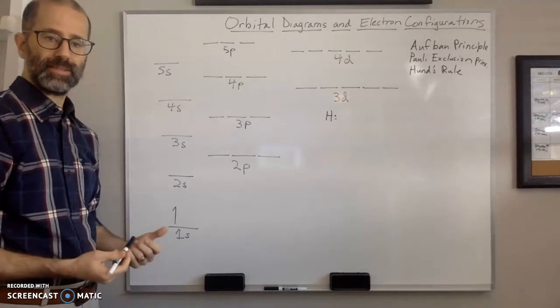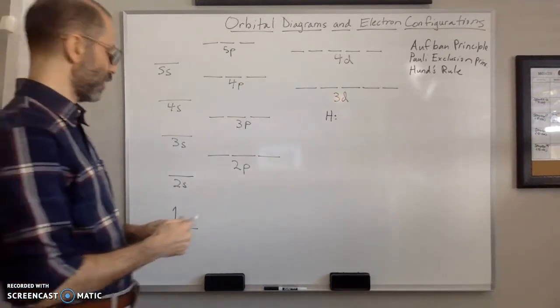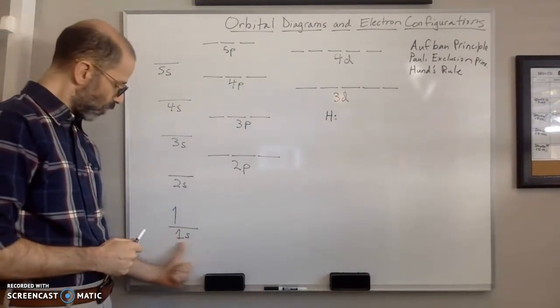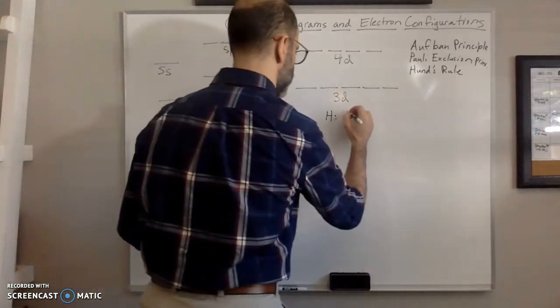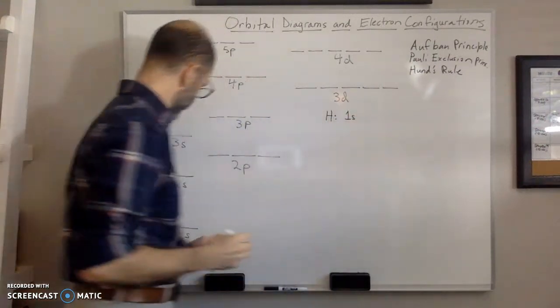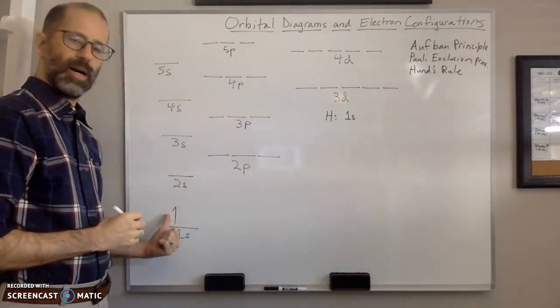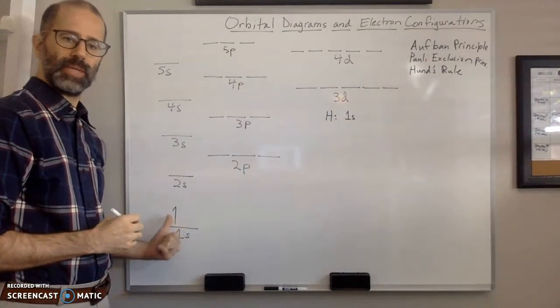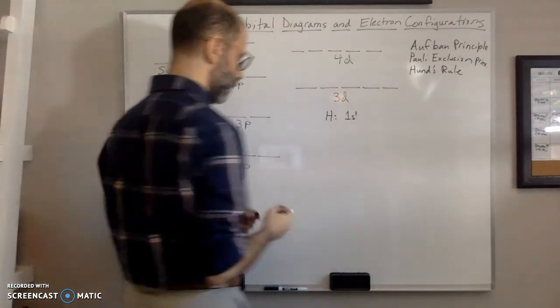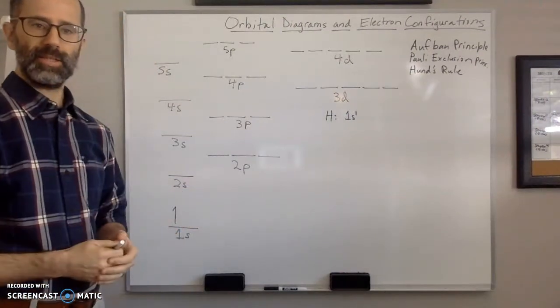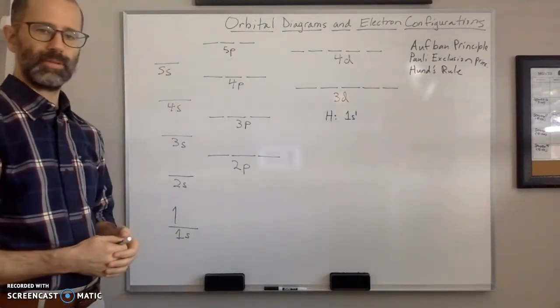From here I get the electron configuration. I have 1s for the subshell, so I'm going to write down 1s, and then I put a superscript of 1 because that's how many electrons I have in that subshell. So that is the electron configuration for hydrogen.